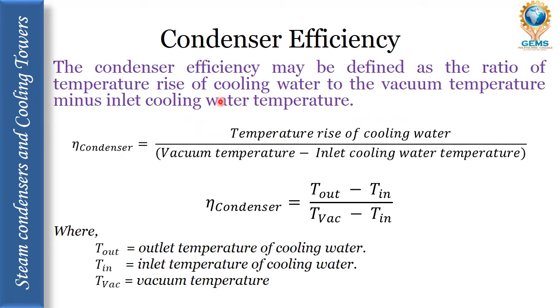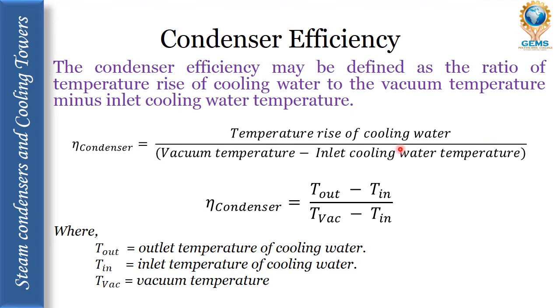Now let's see the condenser efficiency. The condenser efficiency may be defined as the ratio of the temperature rise of cooling water to the vacuum temperature minus the inlet cooling water temperature. The temperature rise of cooling water is the effect of cooling.